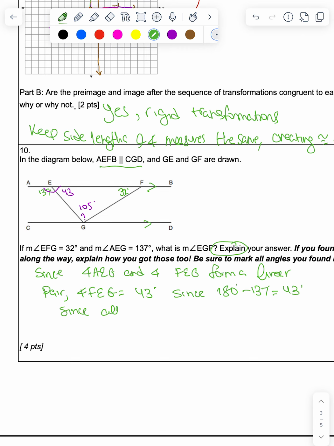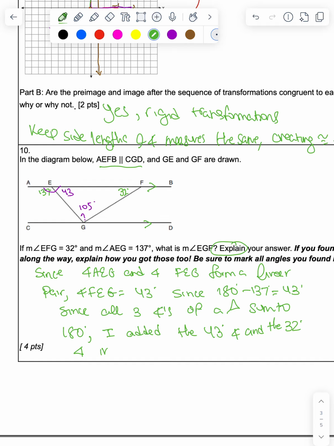Since all three angles of a triangle sum to 180 degrees, I added the 43-degree angle and the 32-degree angle in triangle EGF and got 75 degrees. The missing angle is 180 degrees minus 75 degrees, which is 105 degrees.